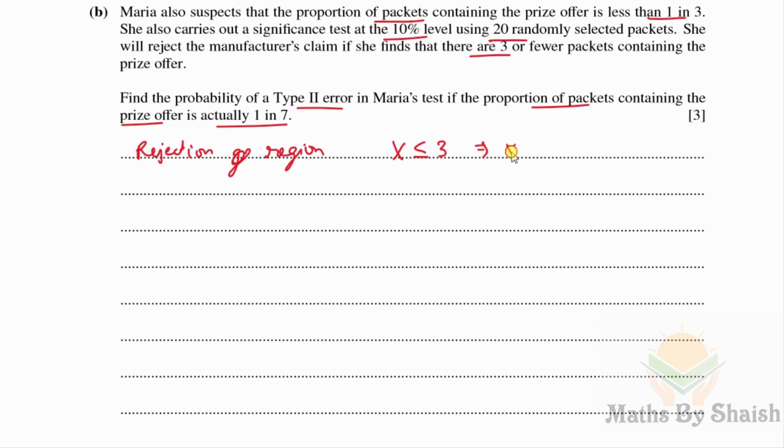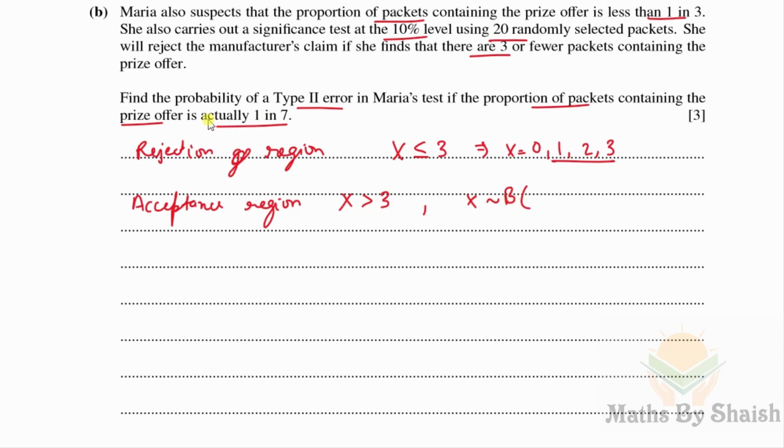That is x is equal to 0, 1, 2 and 3. For the type 2 error, we will take the acceptance region, which is going to be x greater than 3, and it is going to be binomial.